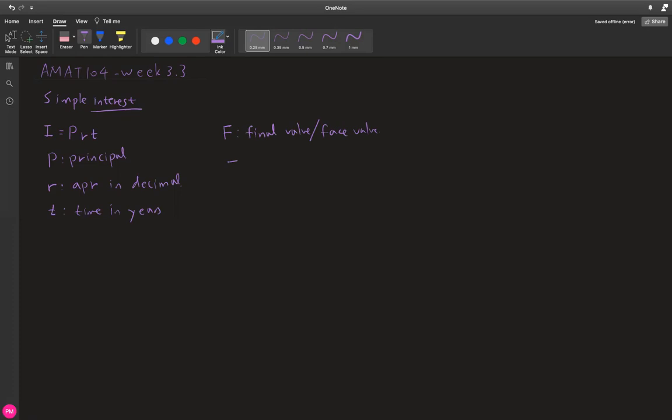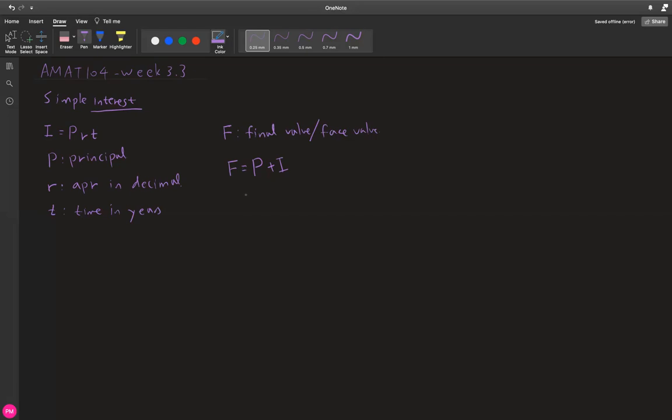And when we're talking about the F, it is actually the original money owed and the interest. So F, the final value or the face value, is simply the total money owed after you borrow, at the end of the term.